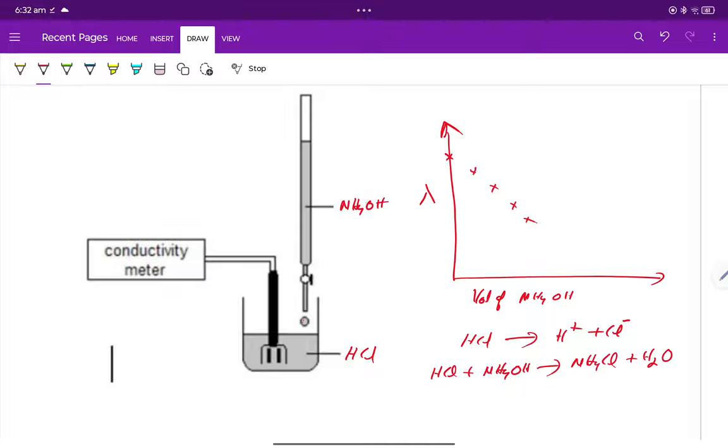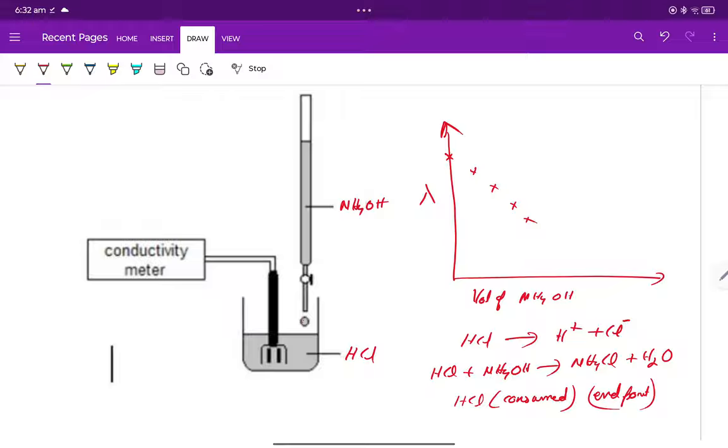So at the end point what will be happening, all the HCl has been consumed, no more HCl at the end point. Now what is incoming is ammonium hydroxide. Up to that time all the ammonium hydroxide has been consumed.